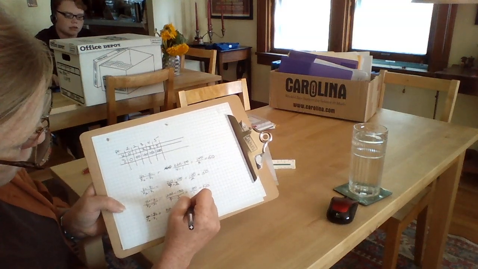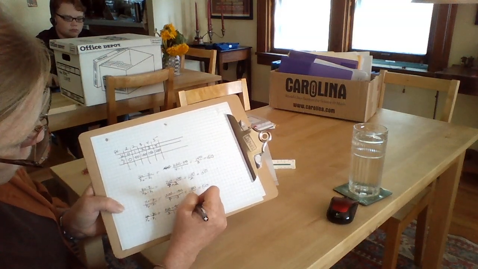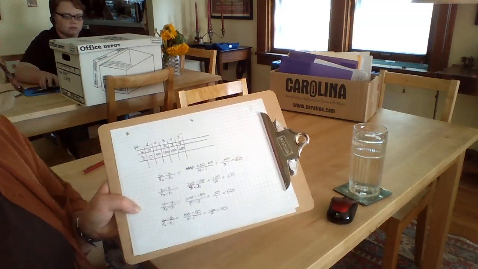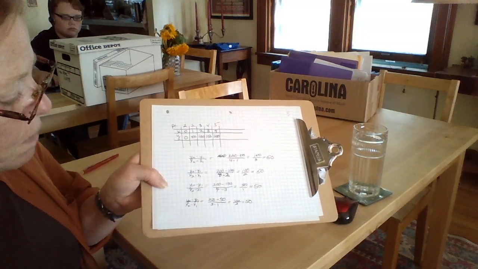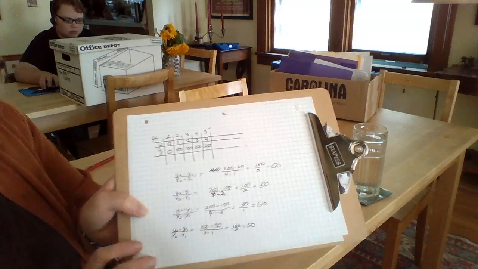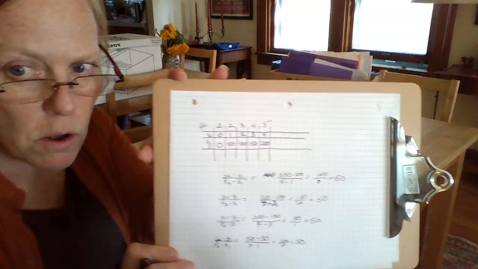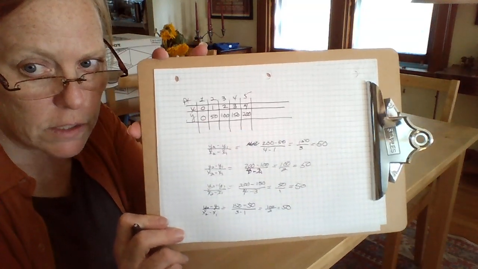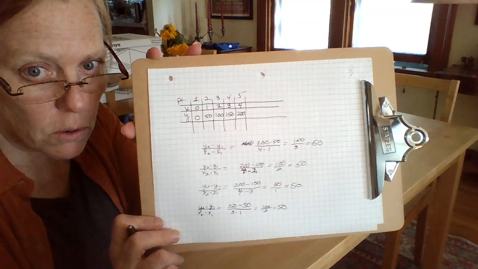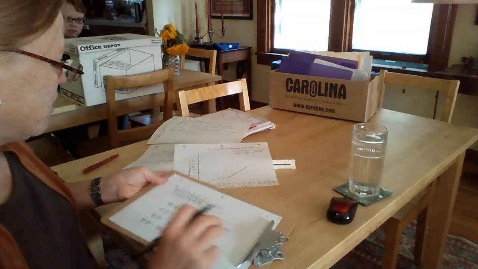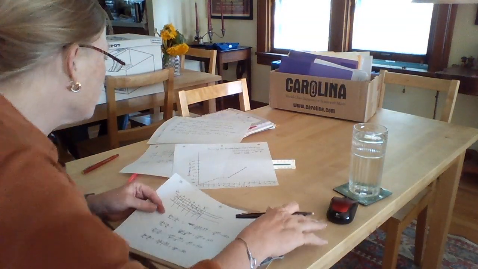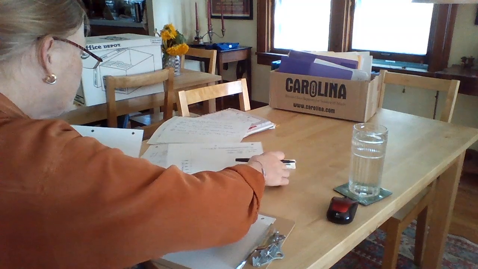And that's 100 over 2, and that's 50. So, any 2 points on a given section of straight line will give you exactly the same slope. If you don't believe me, do some more.